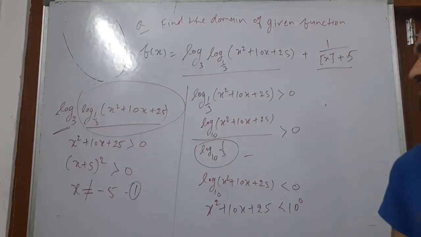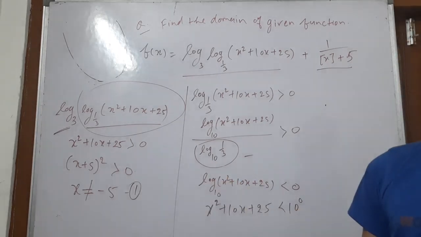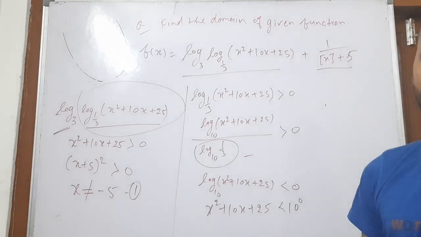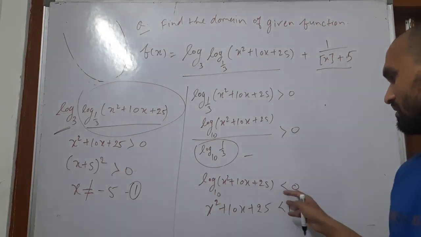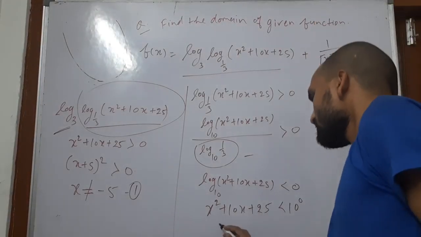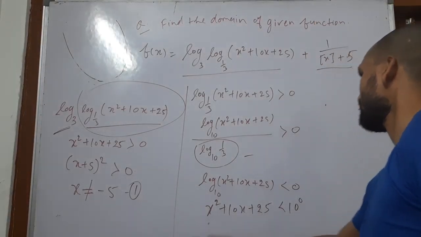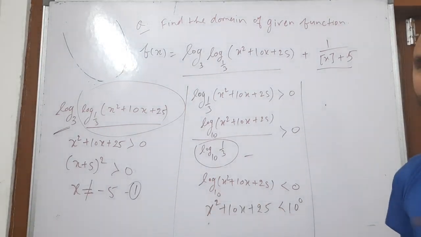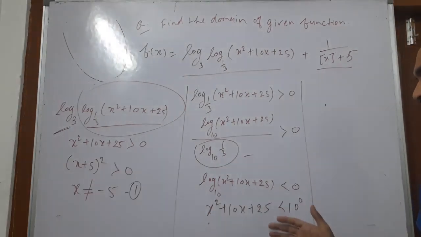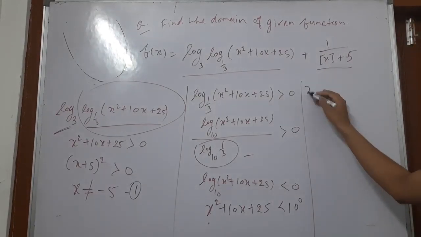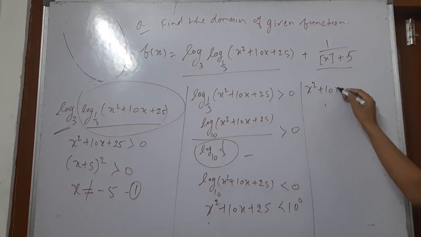Because this is an increasing function, the inequality will not change. So x square plus 10x plus 25 is less than 1.